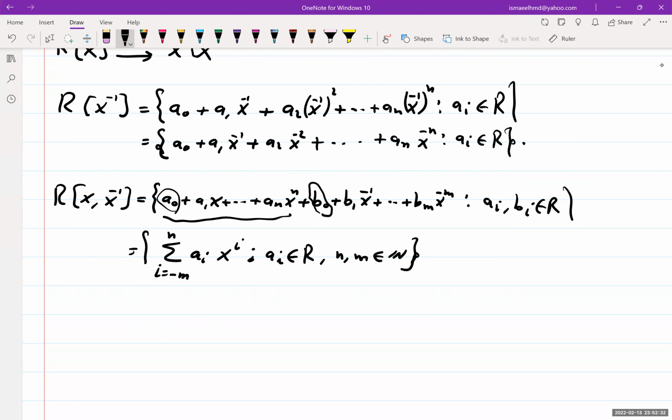This ring, when we adjoin a ring R with X and X inverse, is called the Laurent polynomial ring.